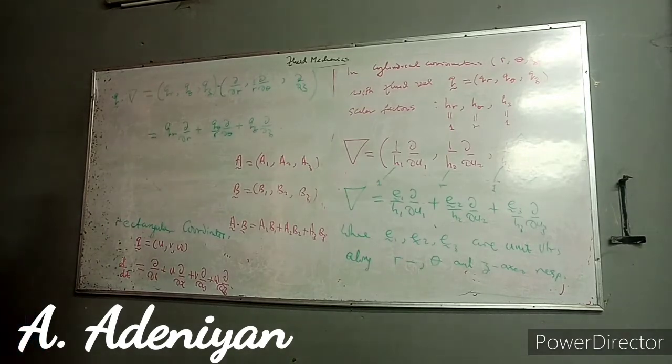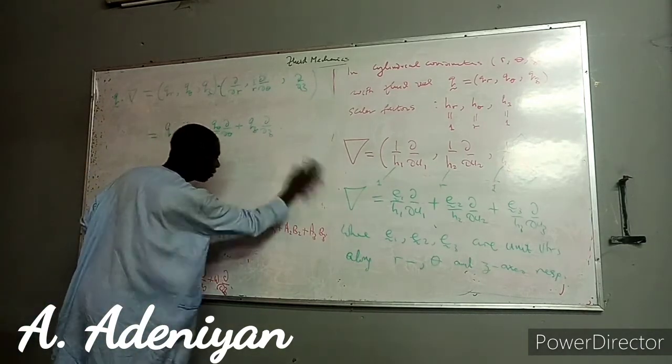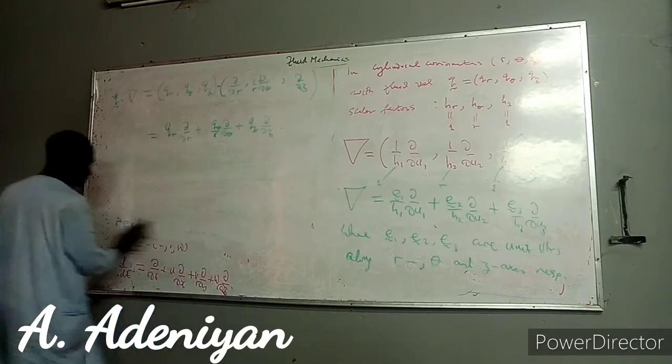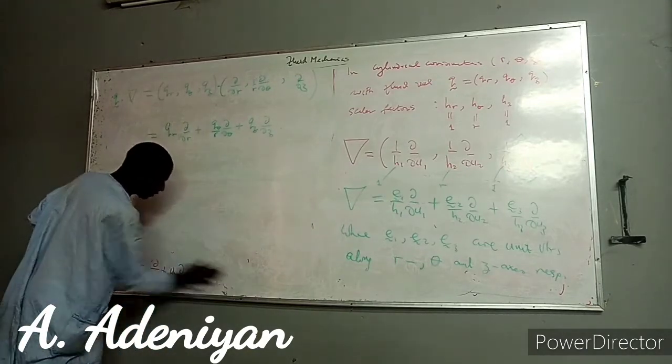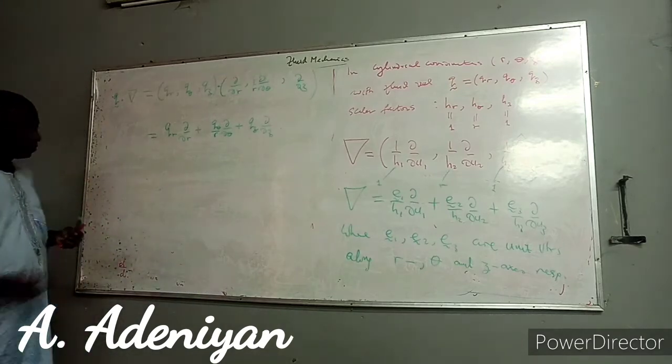Finally, there is another one that I want to mention, because there is the Laplacian operator. The Laplacian operator is simply del squared. How do we write del squared?